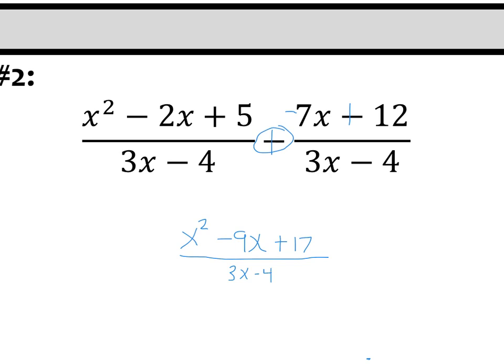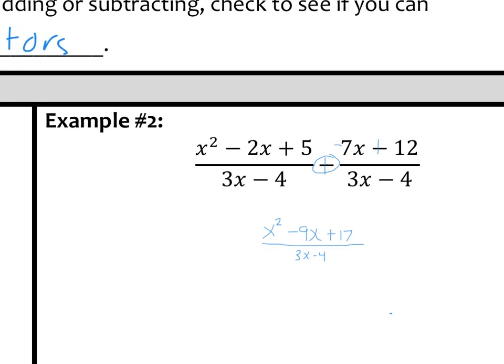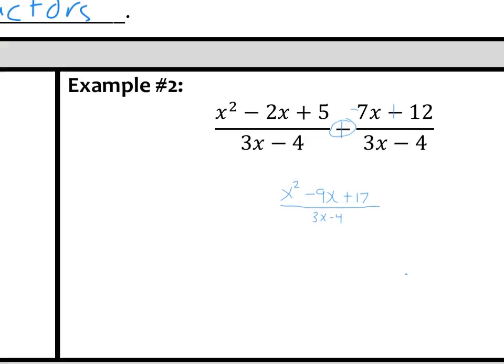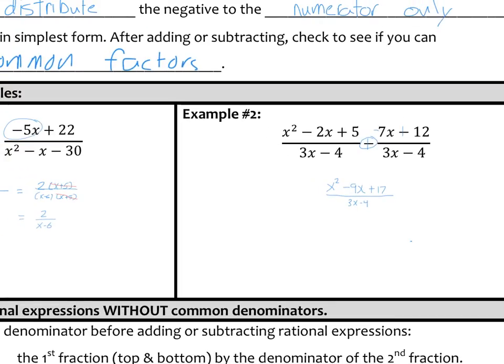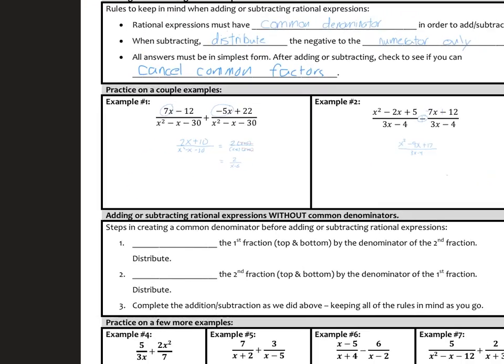The top is a quadratic. I would be looking for 2 numbers that multiply to be 17 and add up to equal negative 9. Those don't exist. 17 is a prime number, so 17 and 1 are the only factors. So we don't have anything we can factor in the numerator, and we won't have a common factor we can cancel. So we'll move on to the notes down below.